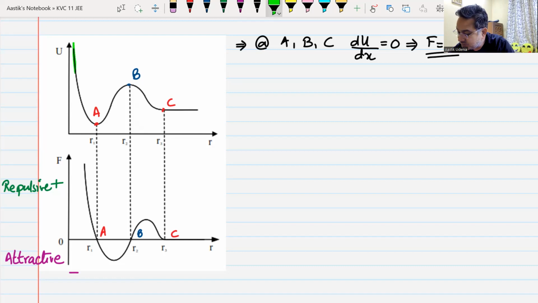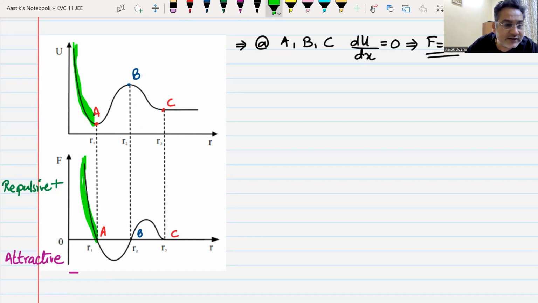In this region, the green region, you can see the force is repulsive. Why is the force repulsive? Can anyone explain this? How can you explain this?